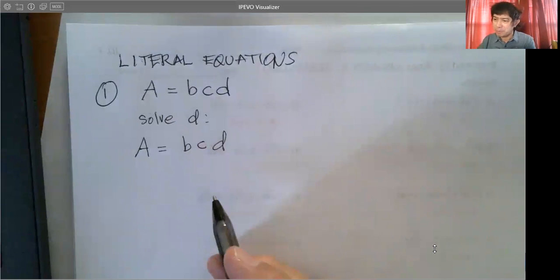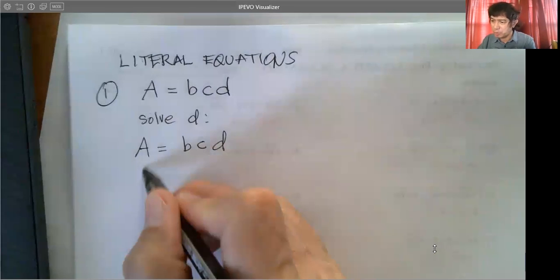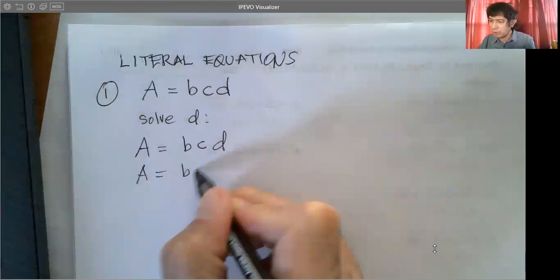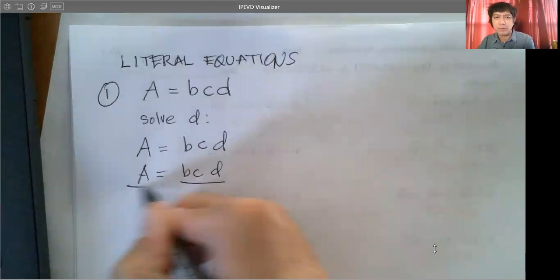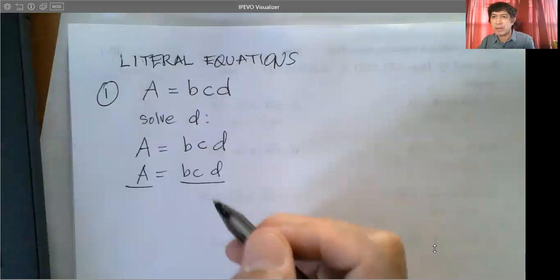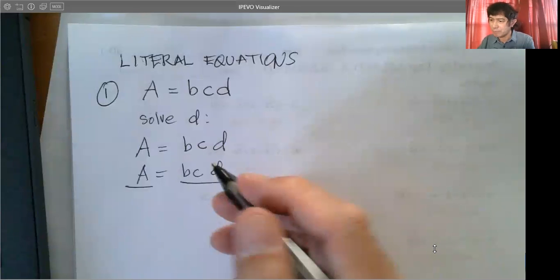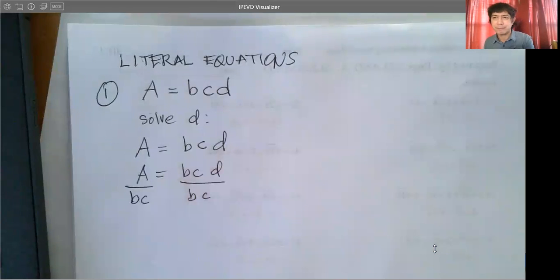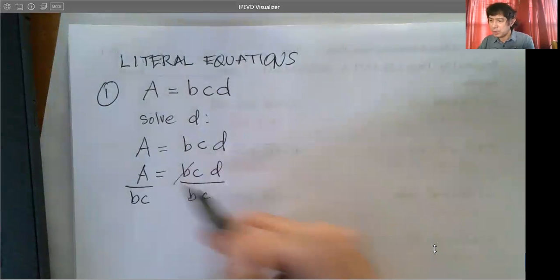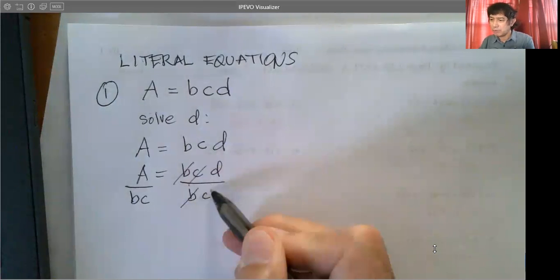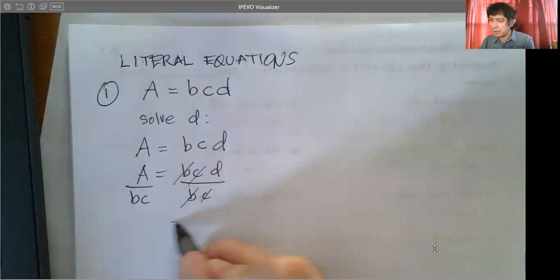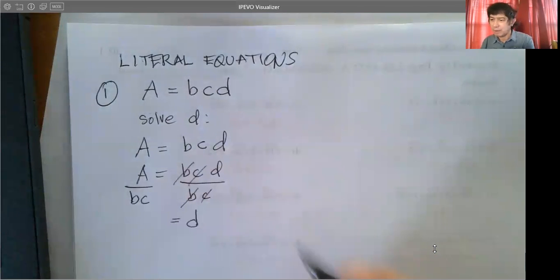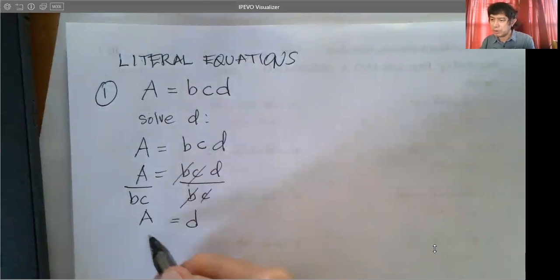So your first step from the given, that should be BCD, we divide both sides by B times C, and of course we have to divide the other side like that. And so B cancels out with B, C cancels out with C, and you now have D on the right side, and the left side is A over BC.